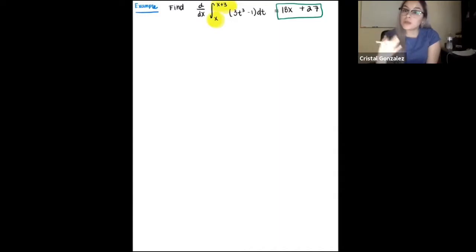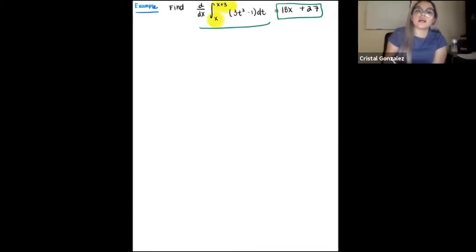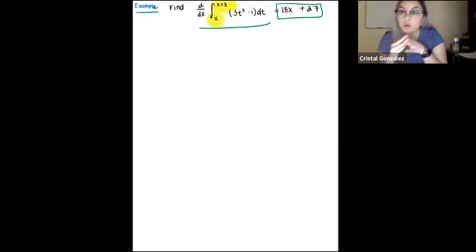So what I'm going to do is use my properties of integrals in order to manipulate this function so that I'm able to apply the fundamental theorem of calculus part 1. We learned that you can separate the integral.